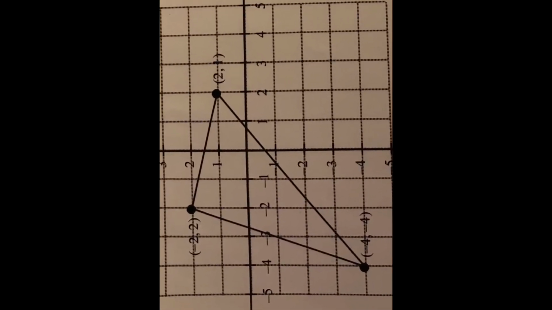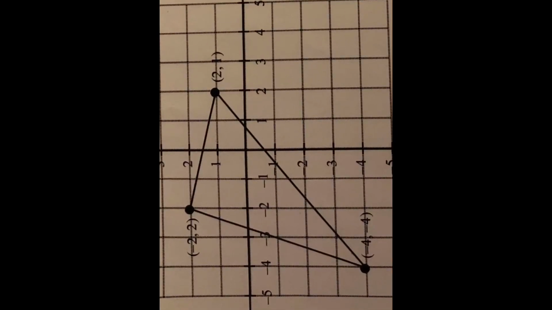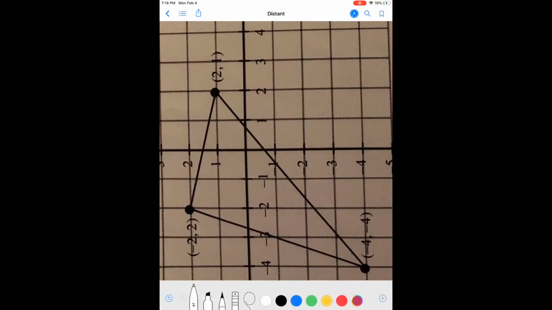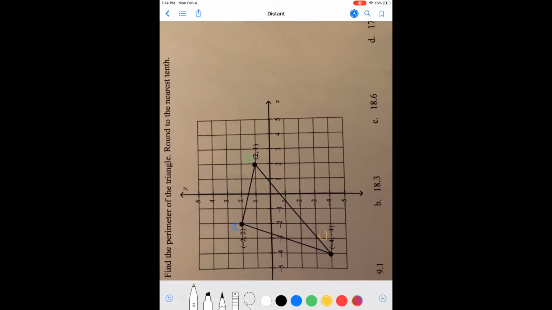Now in the last one, we touched on it but did not go over it. But in this one, we're given our points. We came up with a few letters today in different classes, so in this example, I'm just going to put A, B, and C. So just pay attention to which one you're looking at.